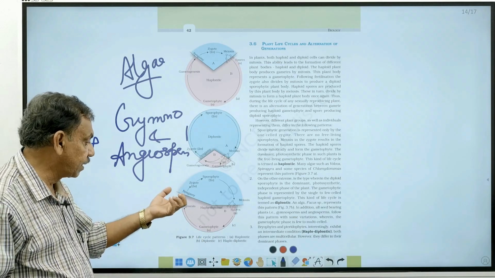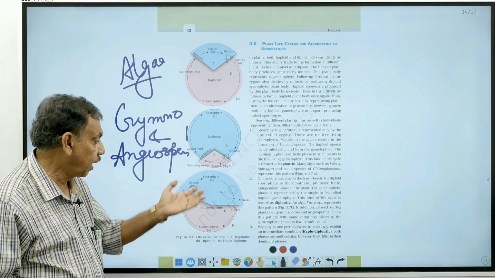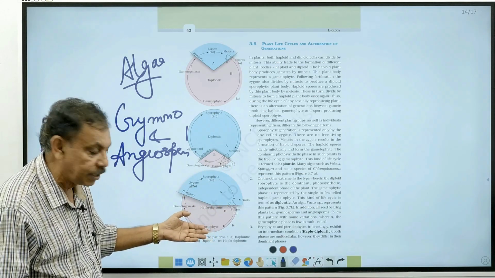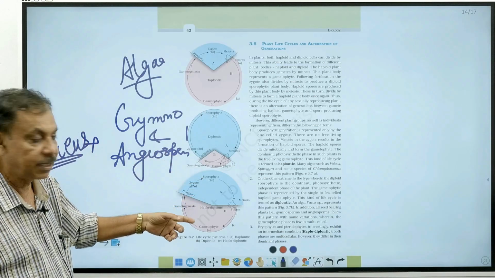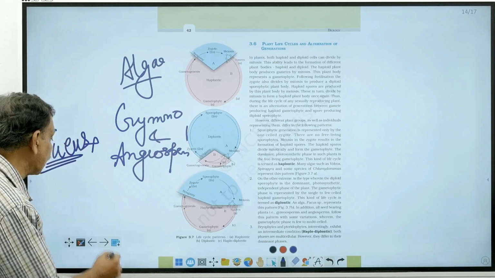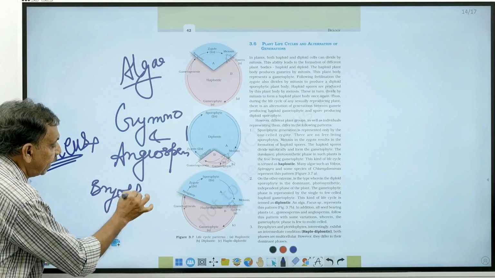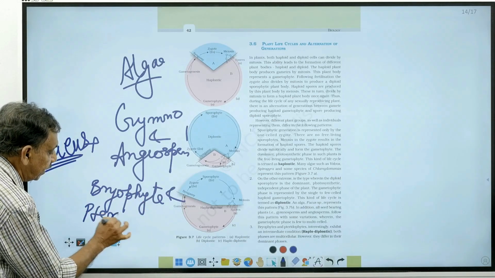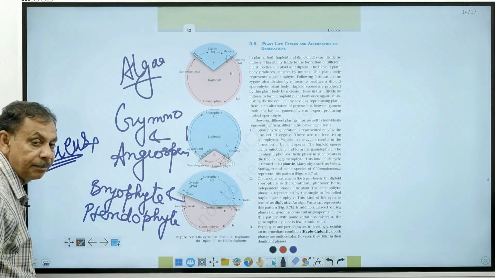So there is an alternation of generations. After the sporophytic generation, there will be a gametophytic generation, and after the gametophytic generation, there will be a sporophytic generation. This is called haplodiplontic, shown by bryophytes and pteridophytes. Plus you will find some other members.